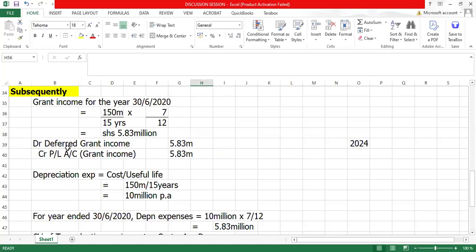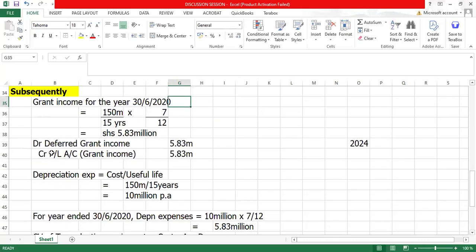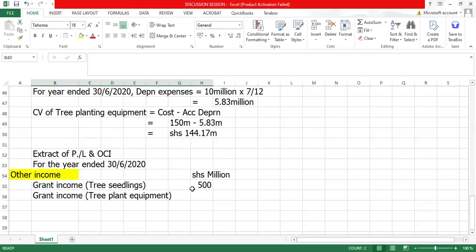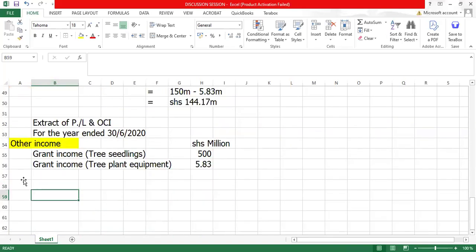The deferred is the liability. So for you, you're looking for the actual grant income that must appear in PL. So it's what you're going to record, 5.83. I think that's what we have, but still we have expenses.